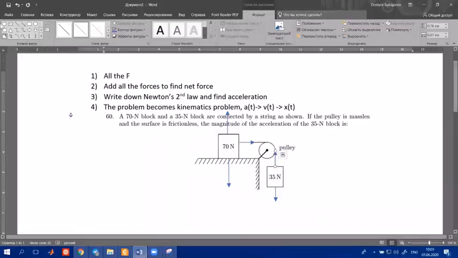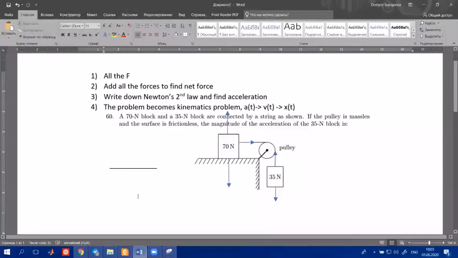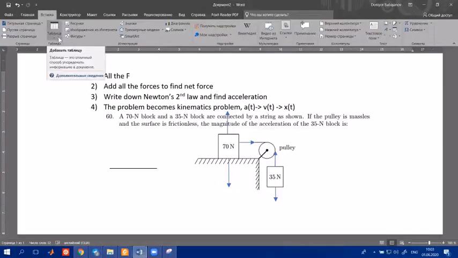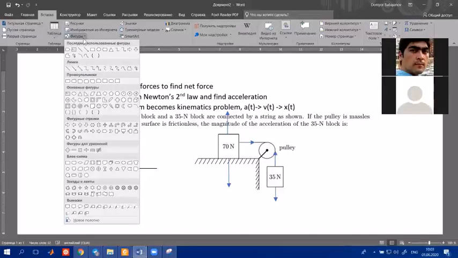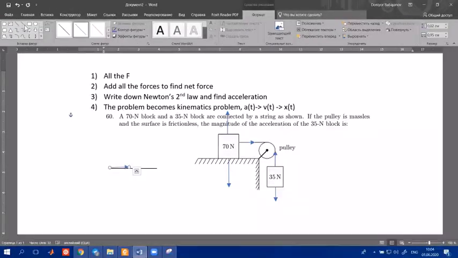Remember that if you have some rope, this kind of rope, and when you stretch this rope, the rope tries to shrink down in the direction opposite to the stretch. So from this end, the tension force acts rightwards, and from another end, the tension force acts leftwards.